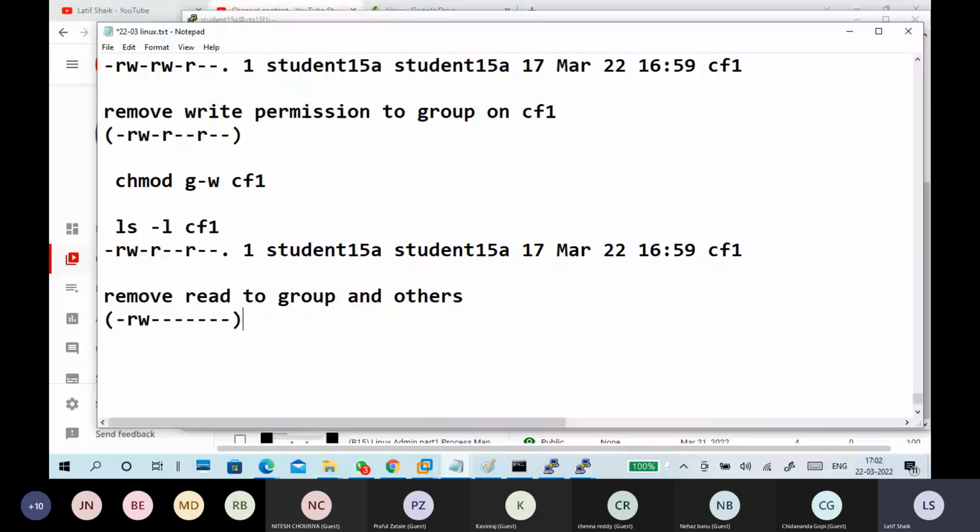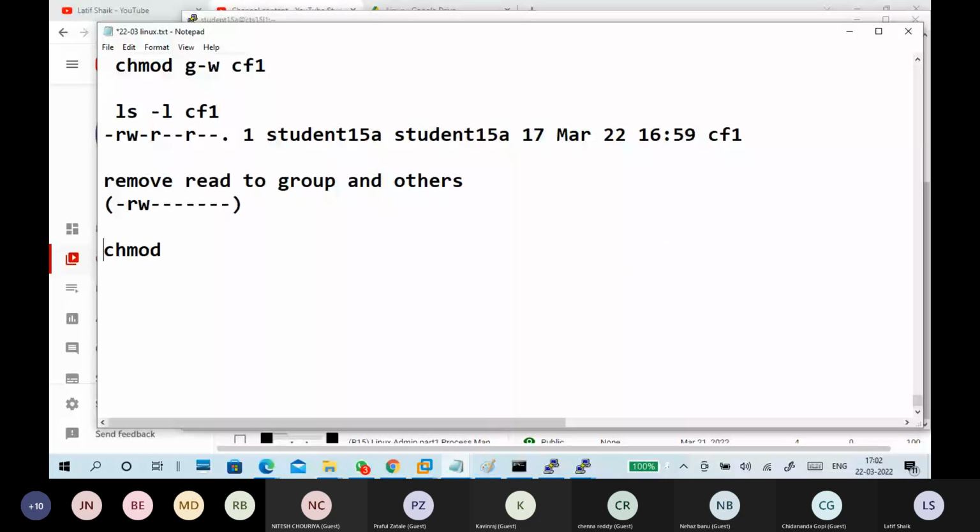So what is the command? chmod, remove read permission, the same read permission, for group and others, on cf1.